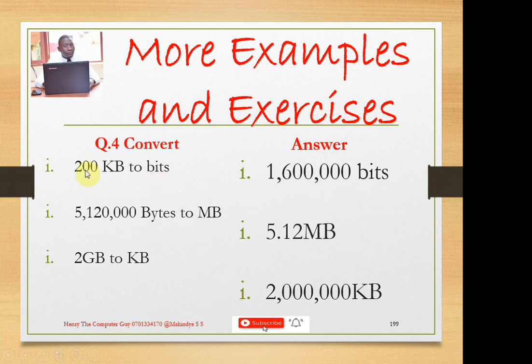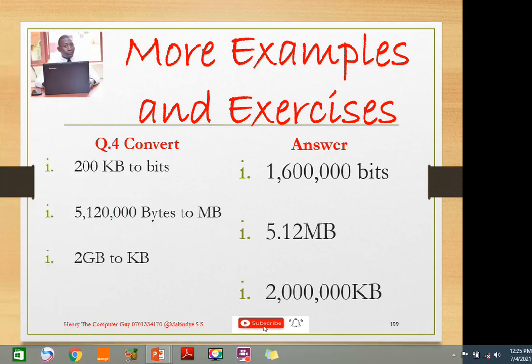They want us to convert the 200 KBs to bits. When you're converting these units, you have to look at the scale. What do I need and what do I have to use? We don't have a scale where we have KB and bits at the same time. So you're going to get a sticky note and write something down.